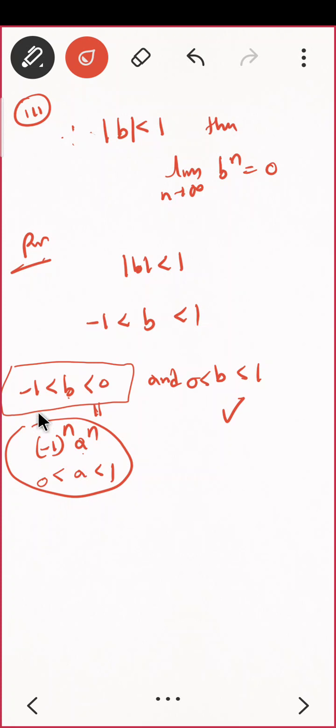The minus n will not come, it will be just minus 1 into a raised to n, where a is between 0 to 1. Now we already know a raised to n goes to 0, so minus 1 is not an issue for me. It is just a constant, correct? That will also go to 0. Do you agree?